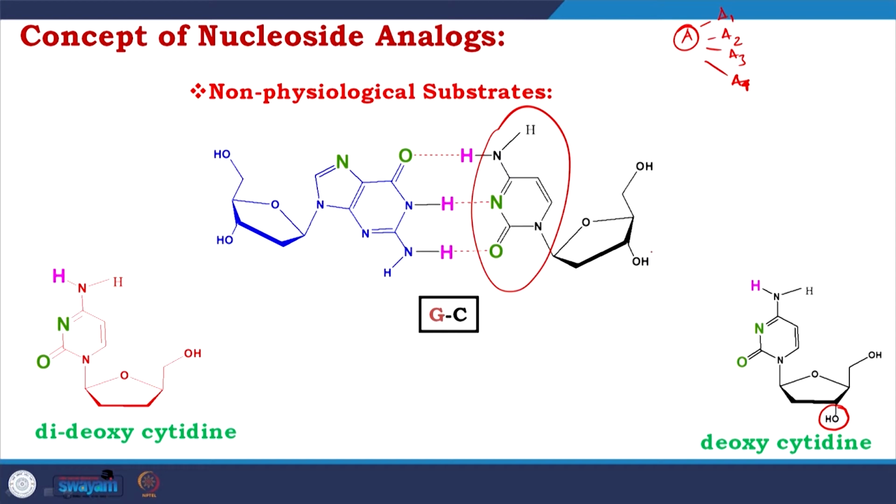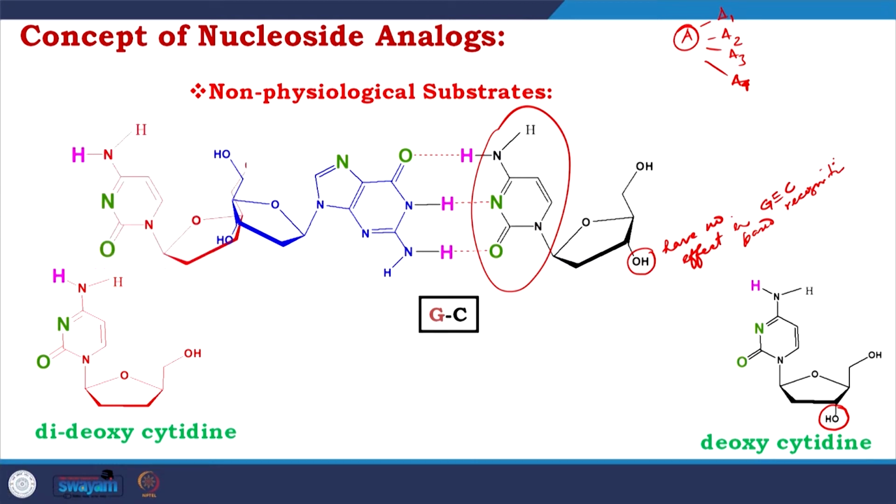Now, if you see, this hydroxyl group is doing nothing for hydrogen bond recognition, so it has no effect in GC base recognition, which clearly means that dideoxycytidine is going to form the exact hydrogen bonding pattern like deoxycytidine.